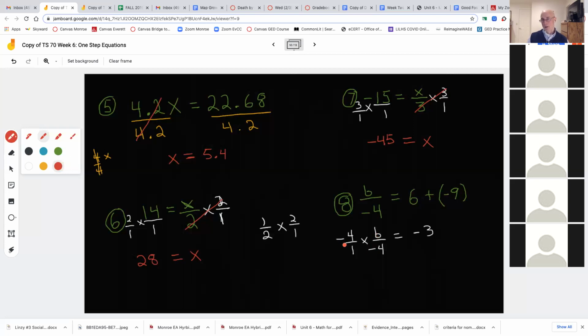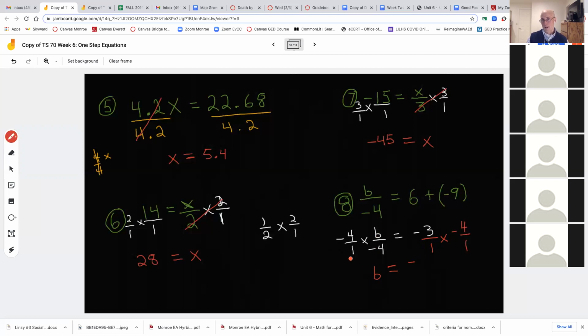So I'm going to multiply this side by negative 4 over 1. So this becomes b, equals, I got to multiply this side, negative 3 over 1 times negative 4 over 1, excuse me.